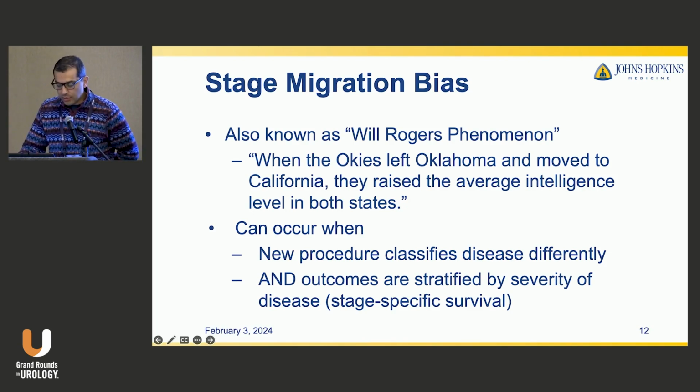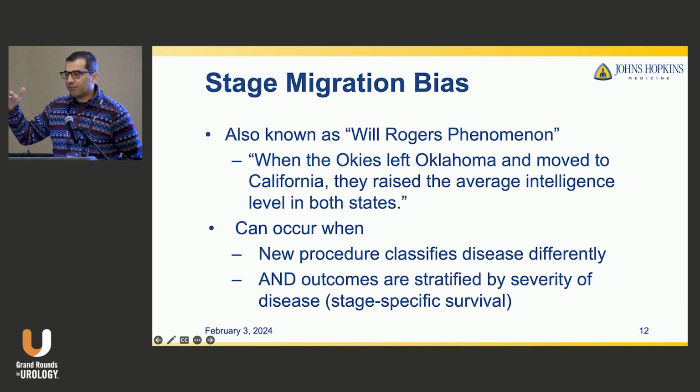Will Rogers said when the Okies left Oklahoma and moved to California, they raised the average intelligence level in both states. So how would this play a part when we look at pelvic lymphadenectomy studies? You're taking the worst patients in one group by finding the positive nodes and taking them out of that group, and now you're putting them into the floridly positive pelvic lymph nodes group, so they would become the most favorable patients in the other group.